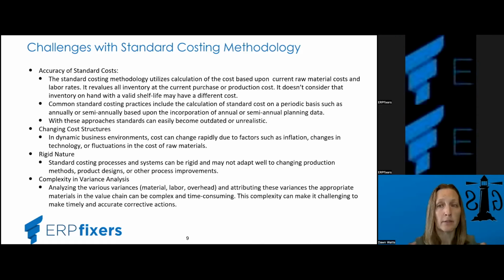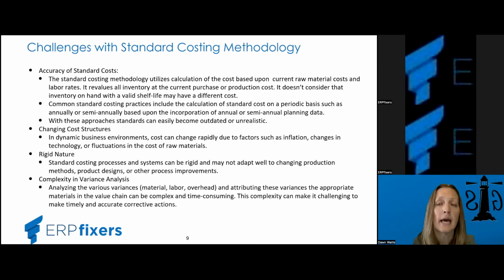Now, there's a lot that goes into rolling up your standard cost on a monthly basis. We'll get into that a little bit as we talk about actual costing. But if you're valuing your inventory and rolling up your standards on a monthly basis, I really think you should look at actual costing, because it's doing much the same thing with a better level of detail.